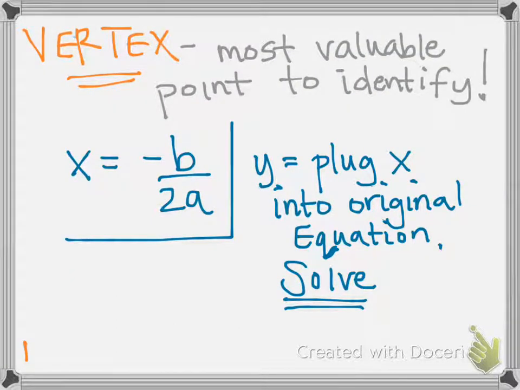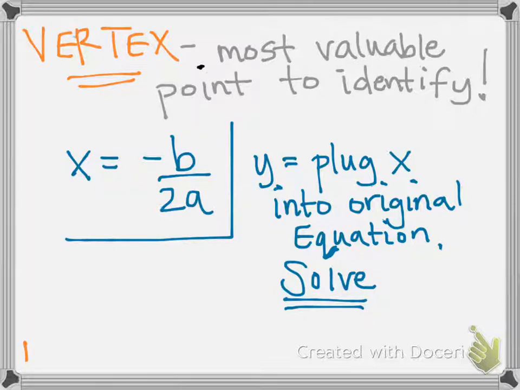The vertex is the most valuable point that you will identify when you are going to graph a quadratic. It has lots of implications in story problems and in answering questions about minimum or maximum and increasing, decreasing.